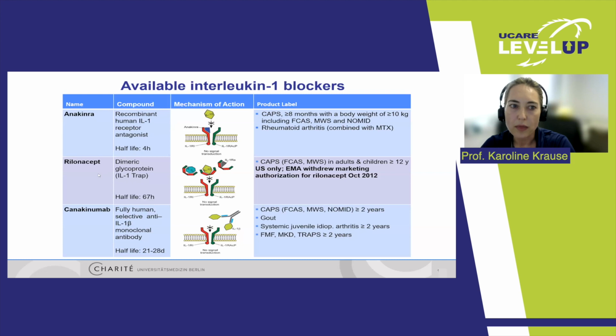Let me start with the one, anakinra. This is an IL-1 receptor antagonist, has the shortest half-life of 4 hours. It blocks both IL-1 alpha and beta, and it's licensed for CAPS patients and also for rheumatoid arthritis, and now also can be applied in FMF patients.